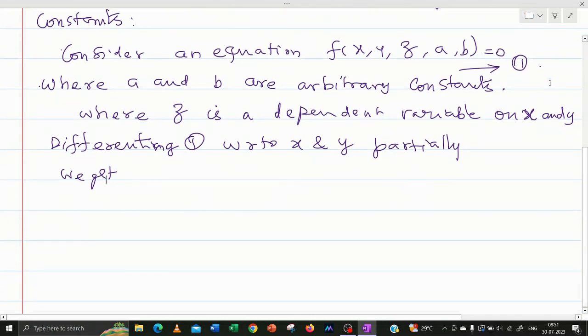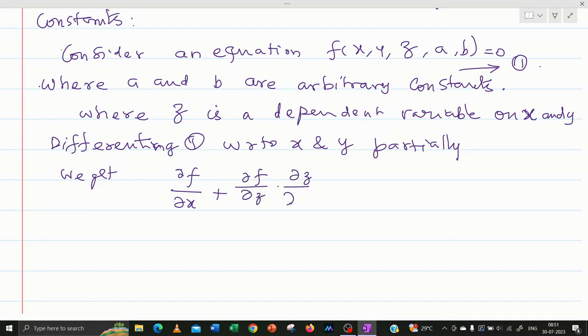What is equation number 1? F of x comma y comma z, a comma b equal to 0. If you differentiate with respect to x, first you differentiate the function with respect to x, and then inside the function z is there. z is dependent on x, so you have to write dou f by dou z and then dou z by dou x.